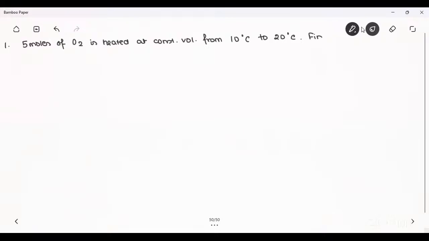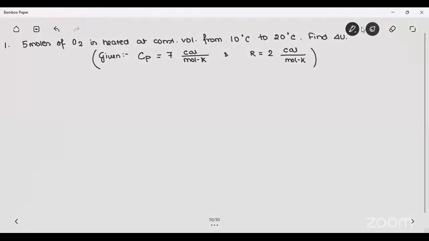Find delta U. It is given Cp is equal to 7 calorie per mole Kelvin and R is 2 calorie per mole Kelvin. This is a very good sum. Okay.